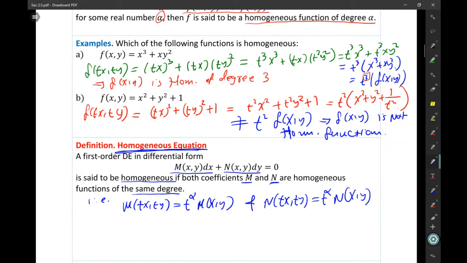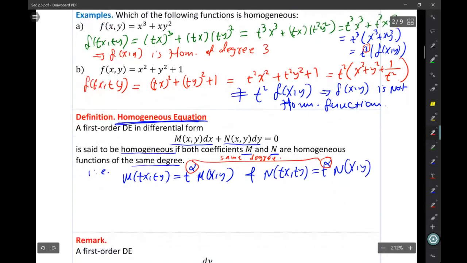All right? It should be here the same degree of both m and n. It should be same degree. In this case, this differential equation will be called homogeneous differential equation.